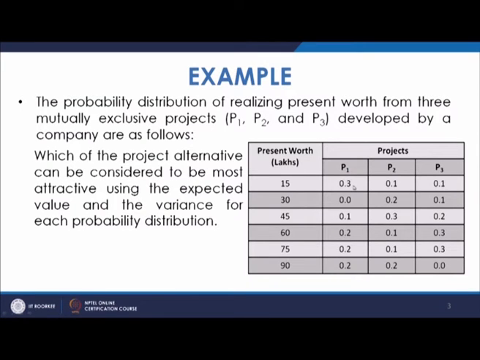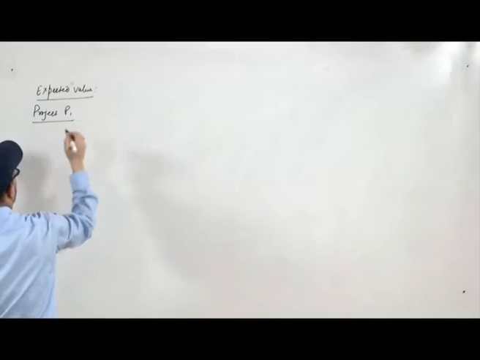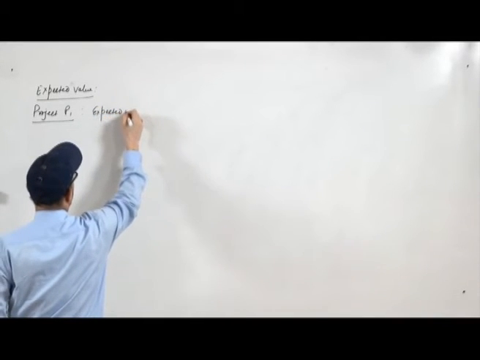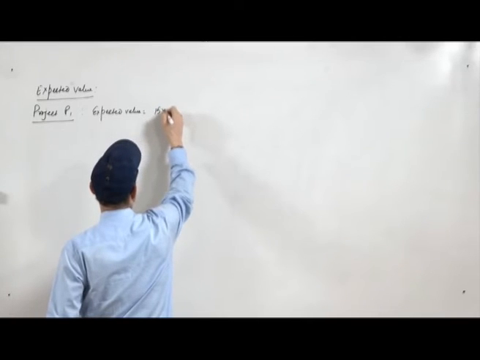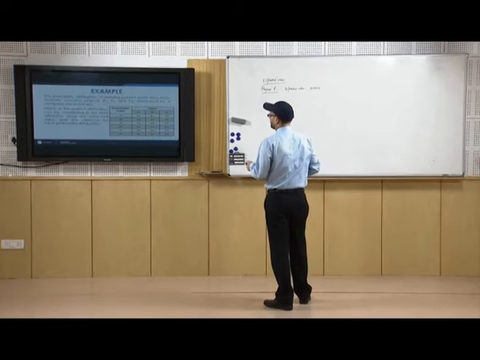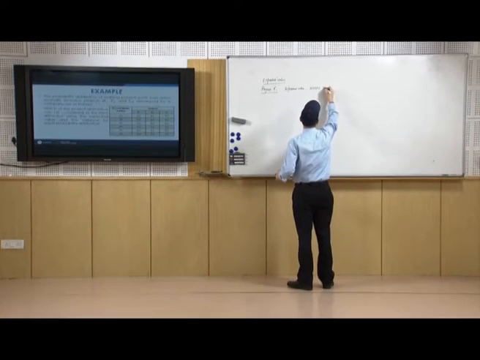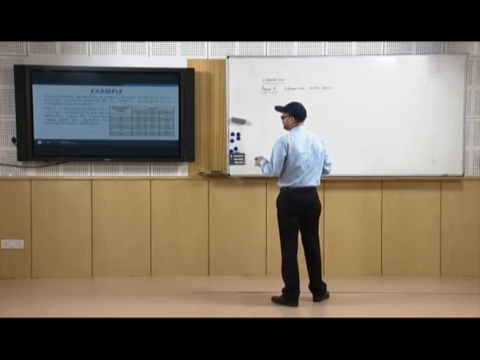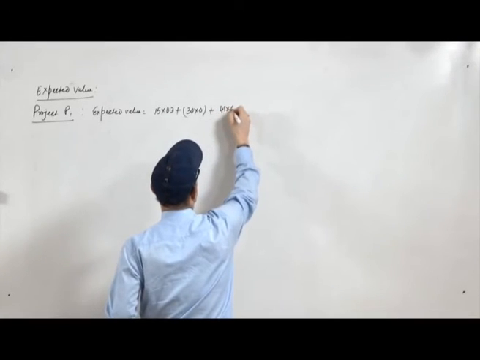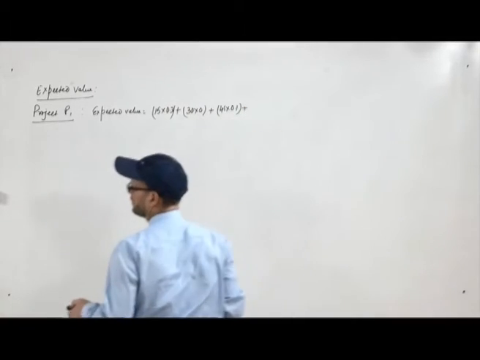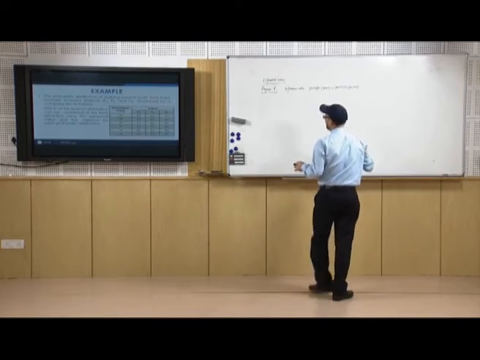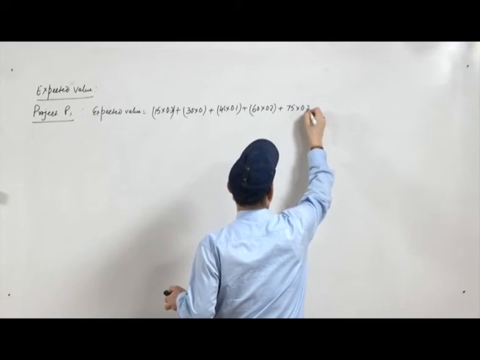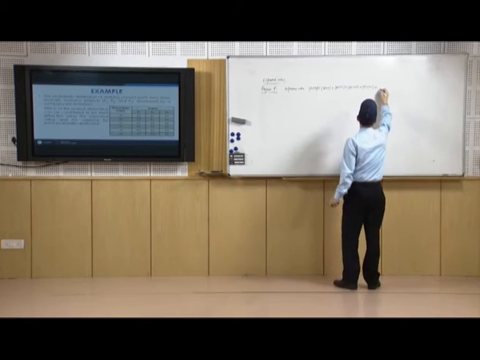So, for project P1 the expected value will be nothing but 15 multiplied by 0.3 plus 30 multiplied by 0.0 plus 45 multiplied by 0.1 plus 60 multiplied by 0.2 plus 75 multiplied by 0.2 plus 90 multiplied by 0.2.